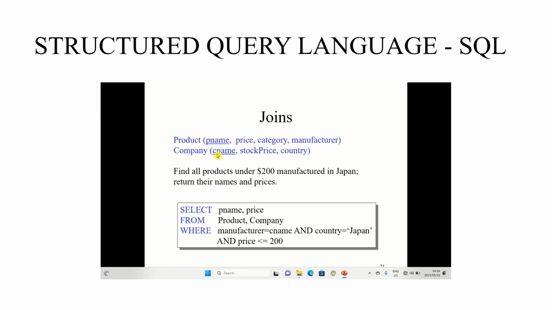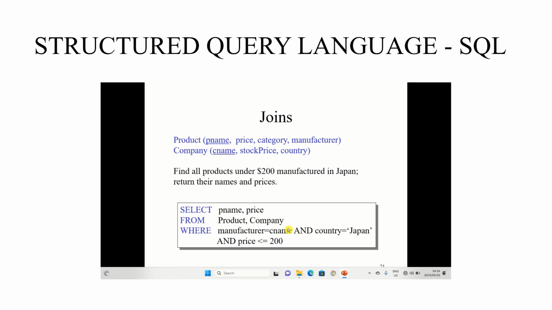So the join is: manufacturer coincides with a company name. So all those that have been underlined, it means they are the primary keys. So manufacturer equals CNAME. So manufacturer equals CNAME. This is the join. It's very key that you establish the join here. That is the first condition. The first and default condition is the join itself.